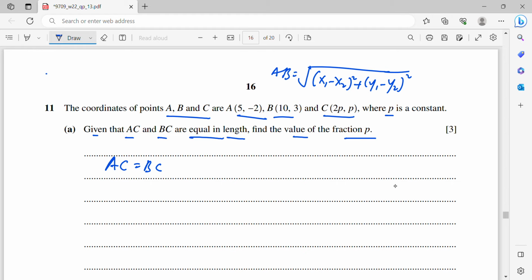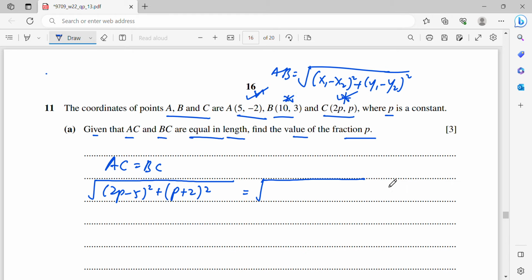Alright, so from here I will write square root of AC: 2p minus 5 squared plus p minus minus 2, so it becomes p plus 2 squared, equals square root of BC. So for BC, I will use 2p minus 10 squared plus p minus 3 squared.